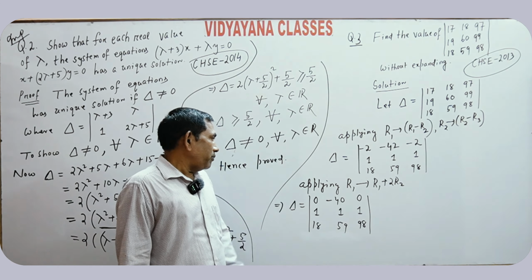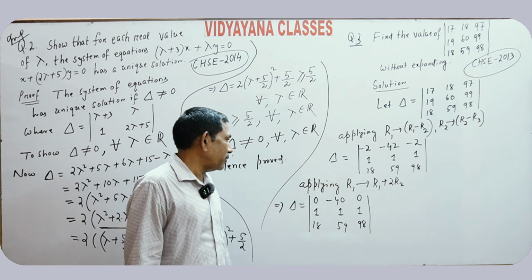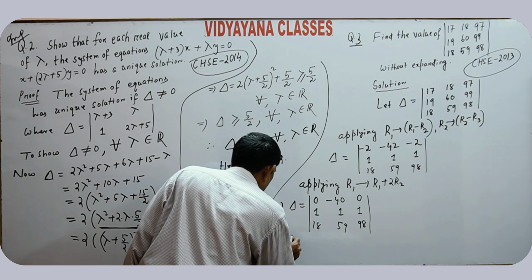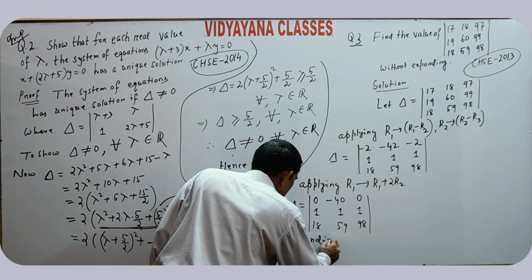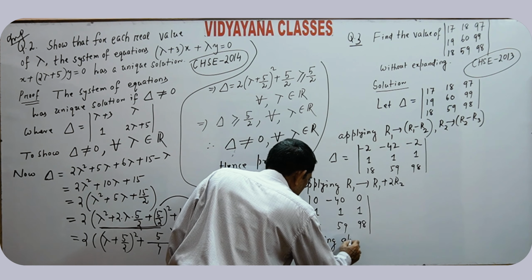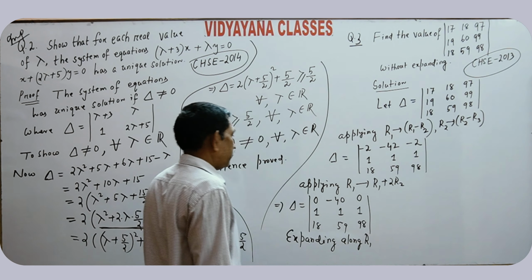Row 1 contains maximum zeros. Expanding along row 1.